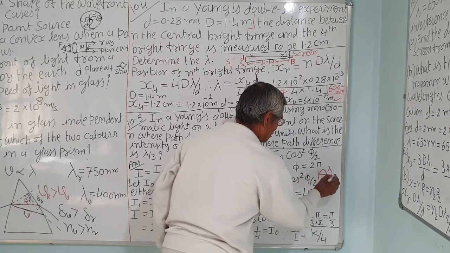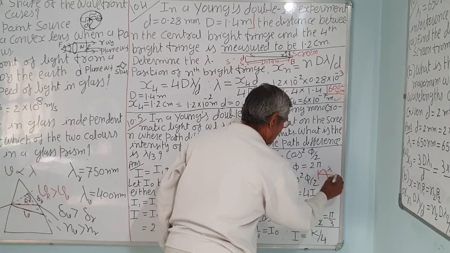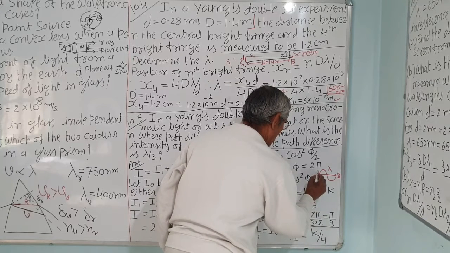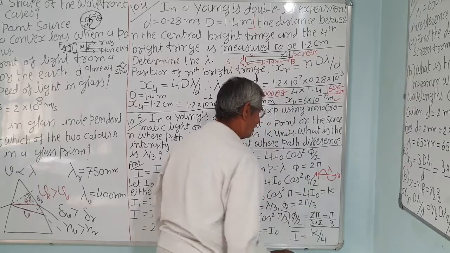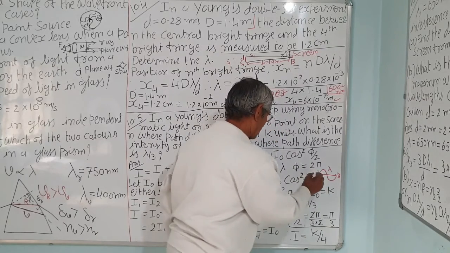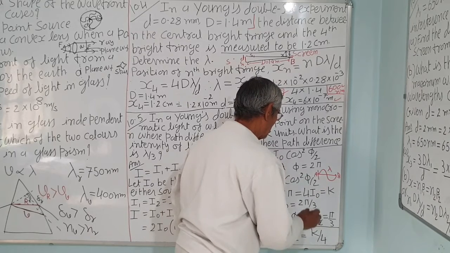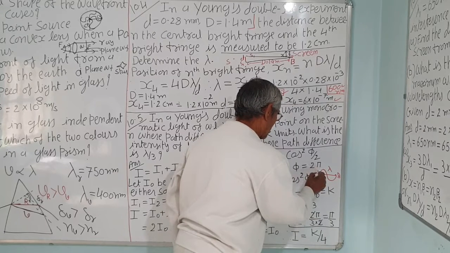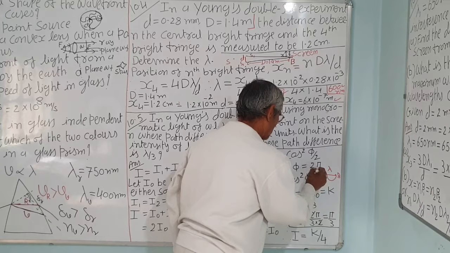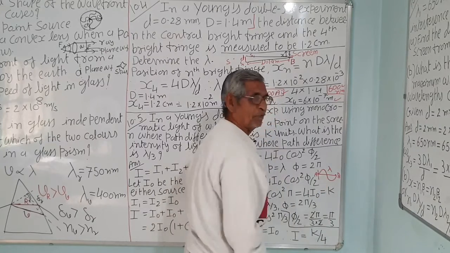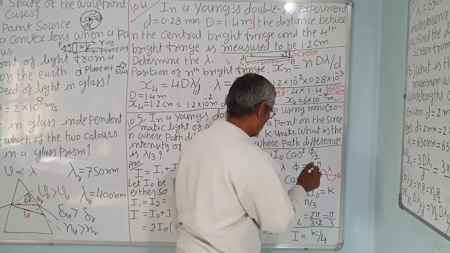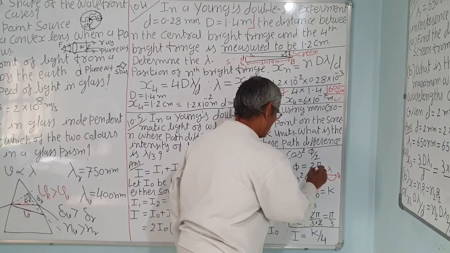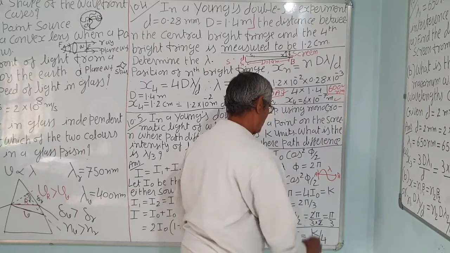When the disturbance reaches point B, the particle at point A has already completed one vibration: 90 degrees going up, that is pi by 2, then back, 180 degrees, that is pi, then 3 pi by 2, and again, 2 pi.